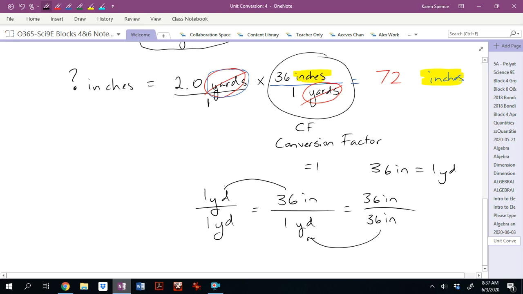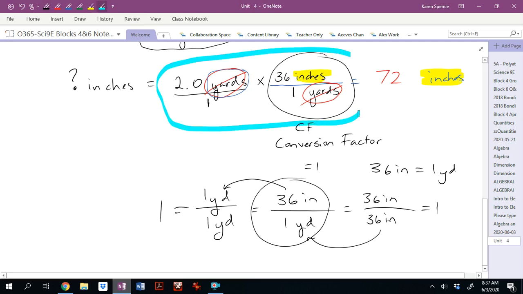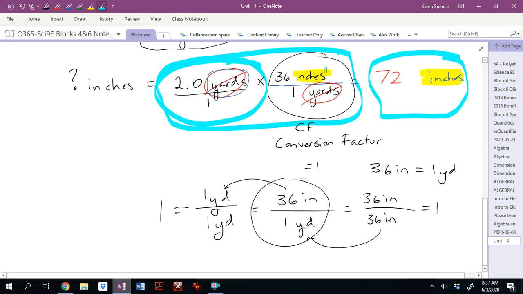All three of those are equal. And because 1 over 1 is equal to 1, and 36 over 36 is equal to 1, this conversion factor must also be equal to 1. And so this half of the equal sign is going to be equal to this half, because 2 yards times 1 is going to equal a quantity that is equal to 2 yards.